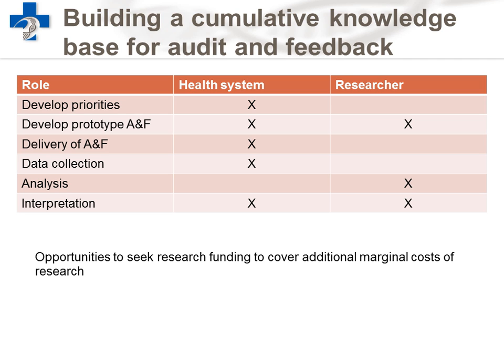So the healthcare system also develops one version of your prototype audit and feedback. But then as a research team, you're also involved in what are the other things you might want to vary. The healthcare system delivers the audit and feedback, captures the data for you. The research team analyzes the data, and the healthcare system and the researcher should interpret it.